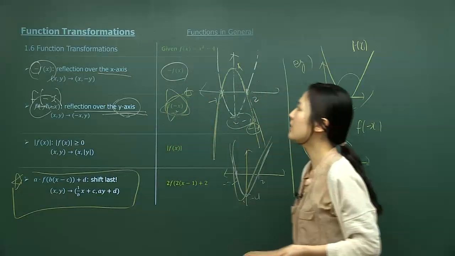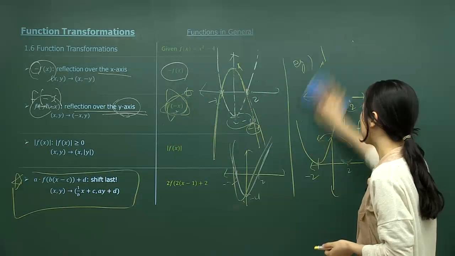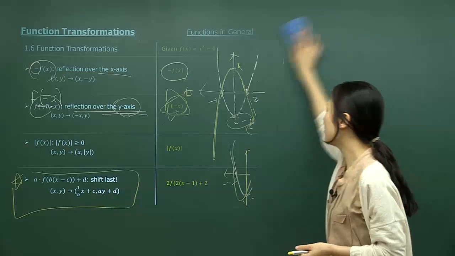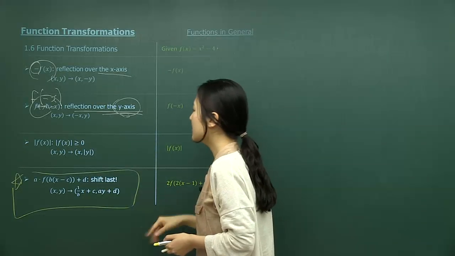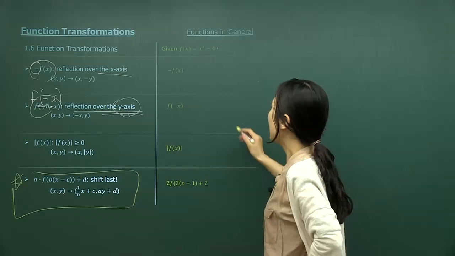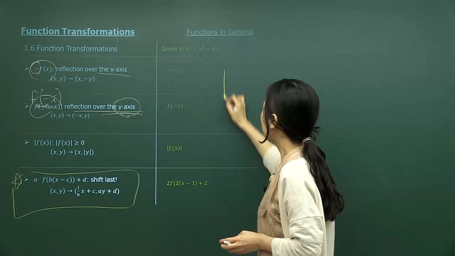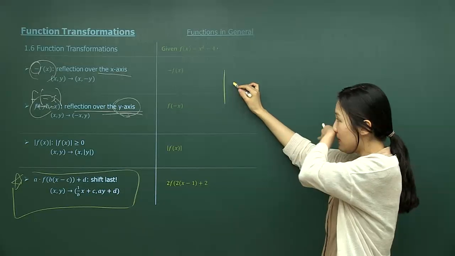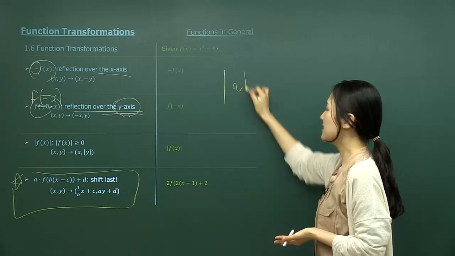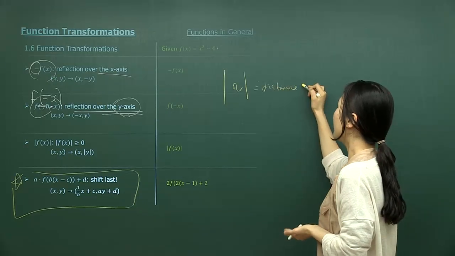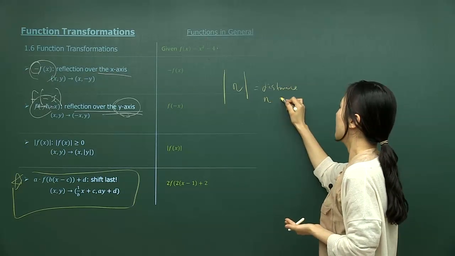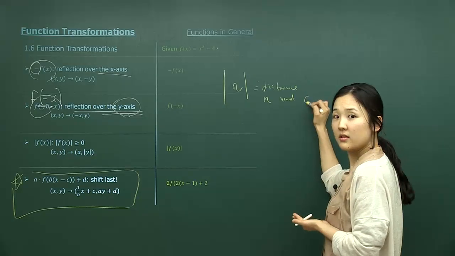So let's talk about the last function transformation. The last function transformation is given by the absolute sign. What does absolute sign mean? Absolute sign of a number. Do you remember what absolute value basically meant? It meant the distance between the value and the 0, right?